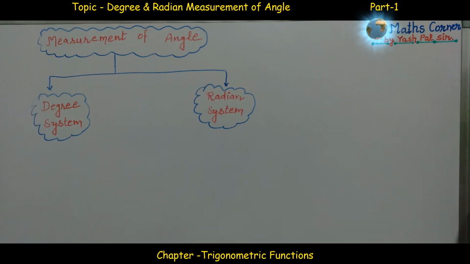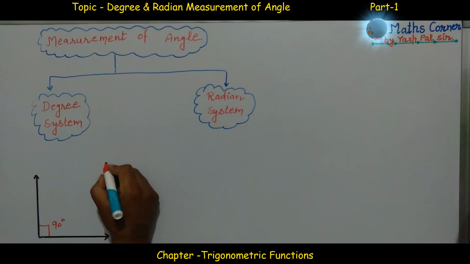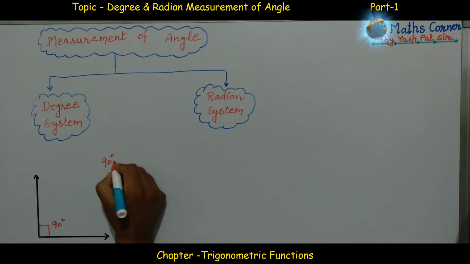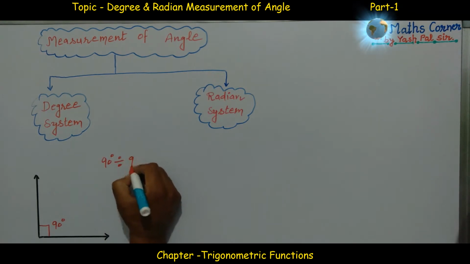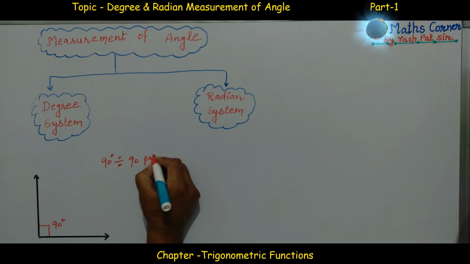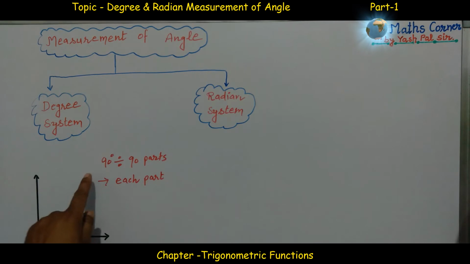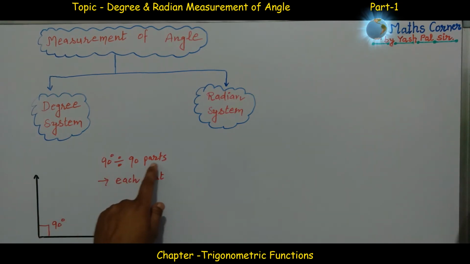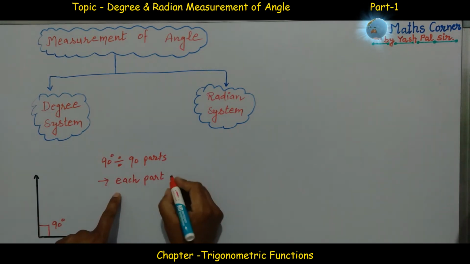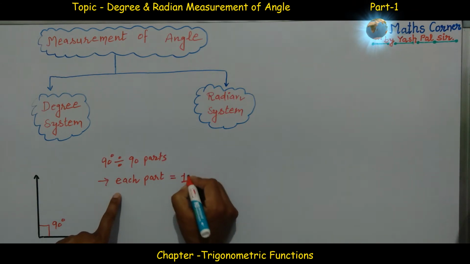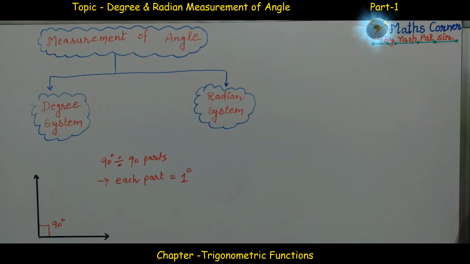What is the degree system? In the degree system, if we have a 90-degree angle and we divide this 90-degree angle into 90 parts, then each part is equal to 1 degree, right?